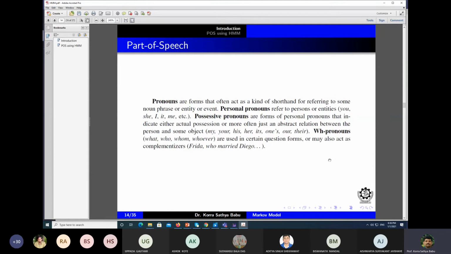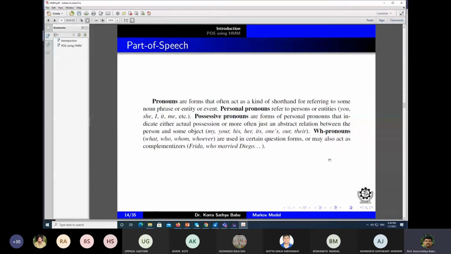The modals are used to mark the mood associated with the event or action depicted by the main verb. The word can can be used to indicate ability or possibility, may indicates permission or possibility, and must indicates necessity.